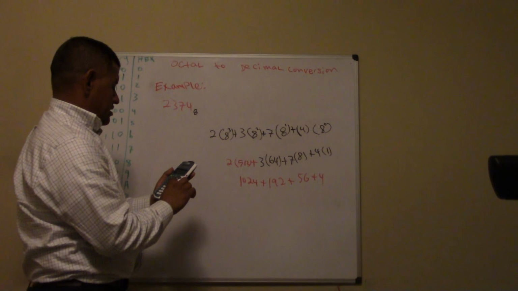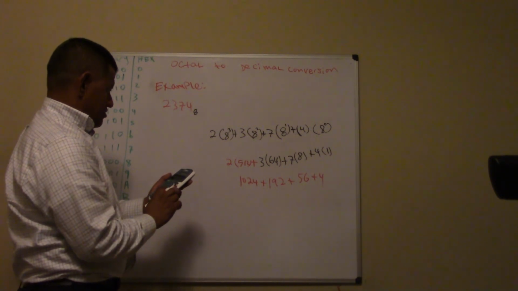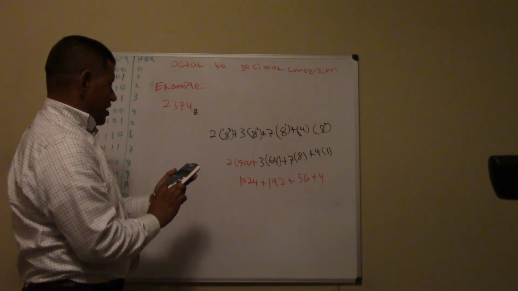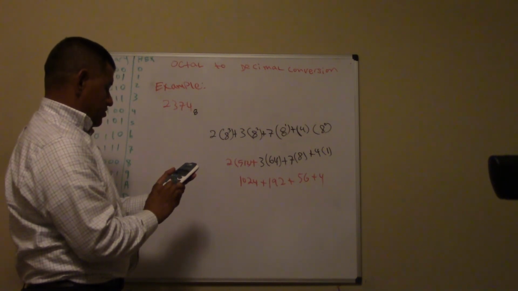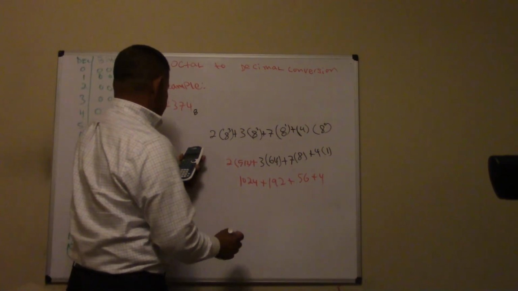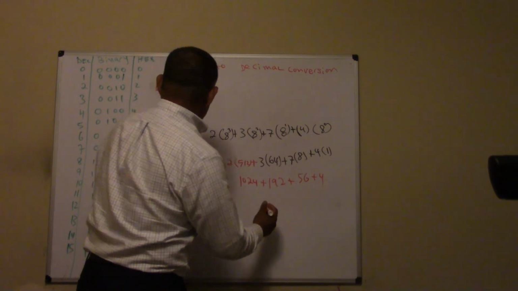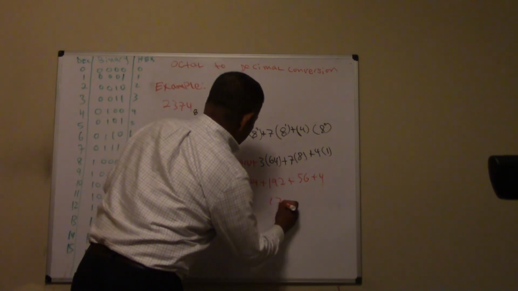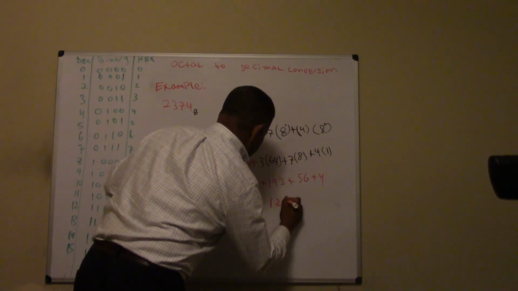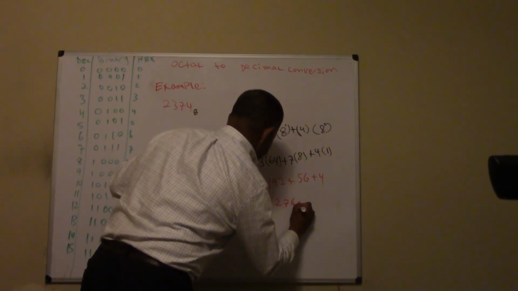Wait a second. So 1024 plus 192 plus 56 plus 4, and that is the number 1276 base 10.